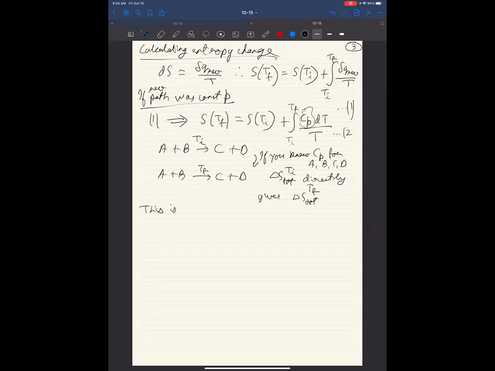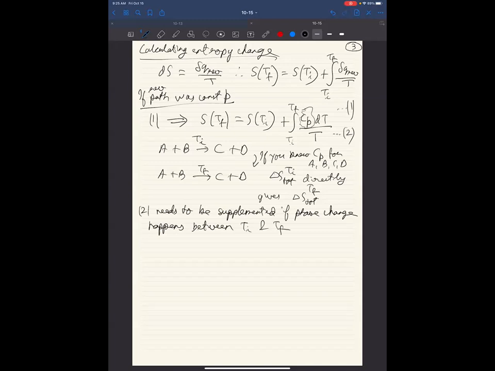So this formula 2 needs to be supplemented if a phase change happens between Ti and Tf.